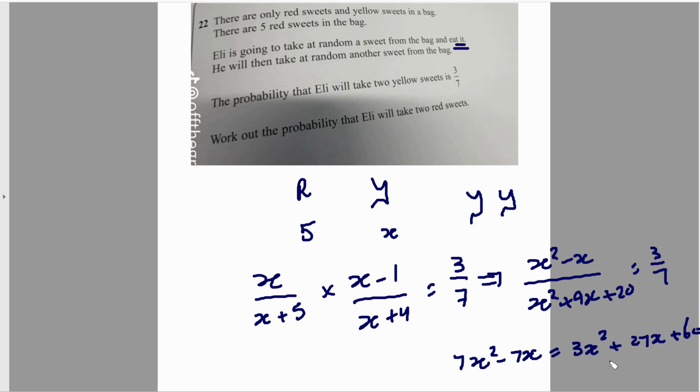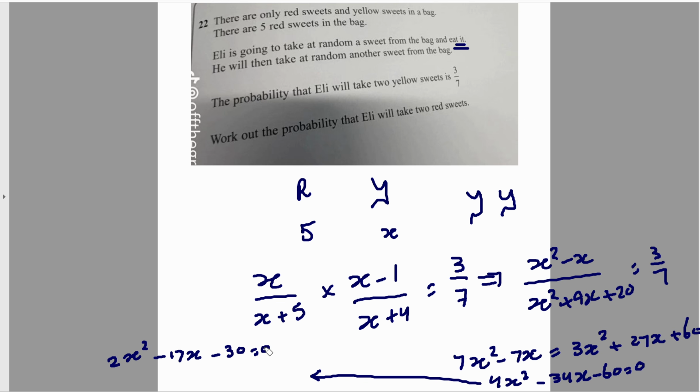Rearrange everything, so you get 4x squared minus 34x minus 60 equals 0. Divide everything by 2. When you divide everything by 2, you get 2x squared minus 17x minus 30 equals 0.